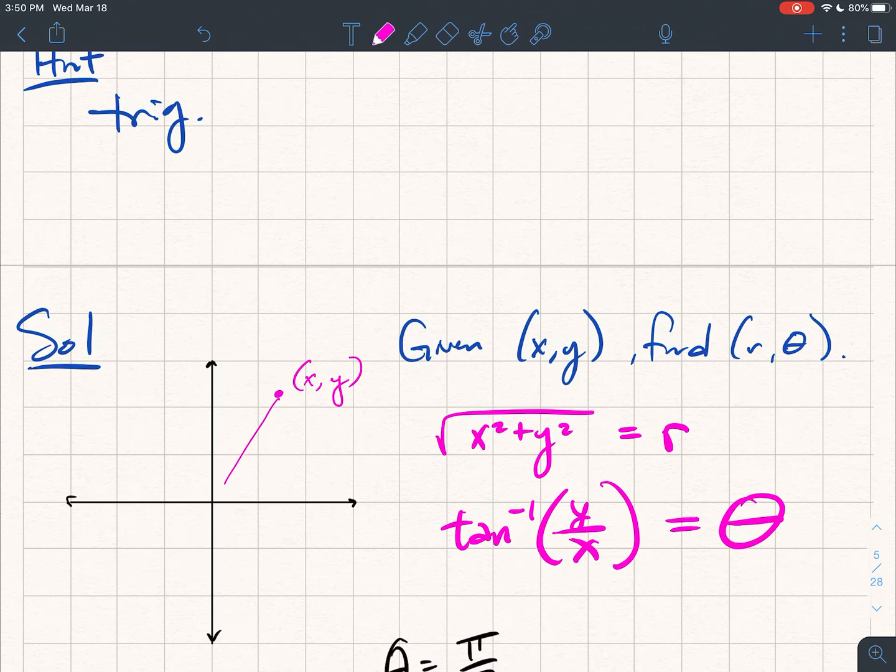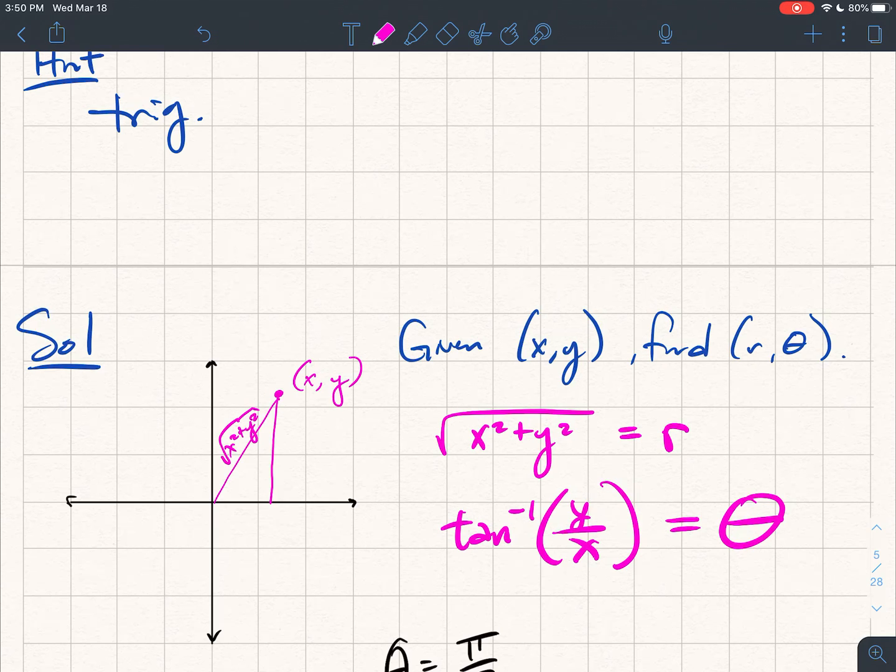Draw a picture. R, using the distance formula, is going to be the square root of x squared plus y squared, or the Pythagorean theorem if you use the hint. Root x squared plus y squared, that's going to be my r.